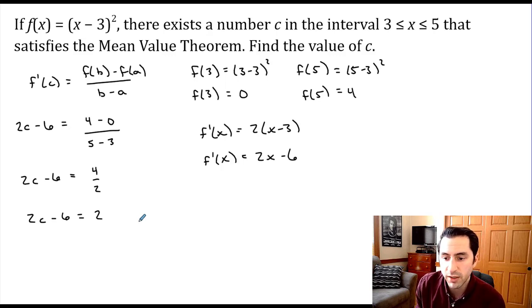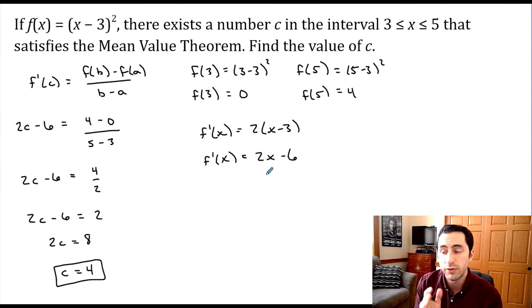And that's what we're finding here. So if I add 6 to both sides, we get 2c is equal to 8. And dividing by 2, c is equal to 4. So that means that at this x value of 4, on this curve, the slope of the tangent line is also equal to 2, which happens to be the slope of the secant line between 3 and 5.